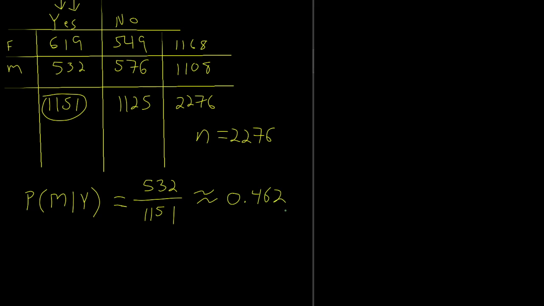Well, notice we can ask a slightly different question. We can say, what's the probability that they said yes, given that they were male? And so given that they were male, I only have 1,108 people in the new sample space.